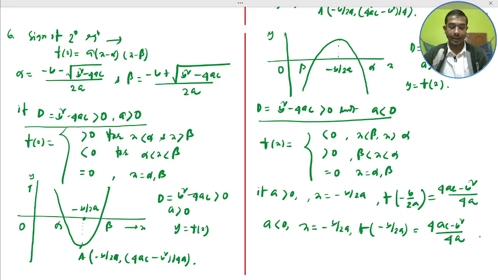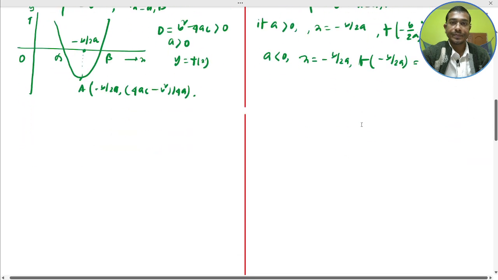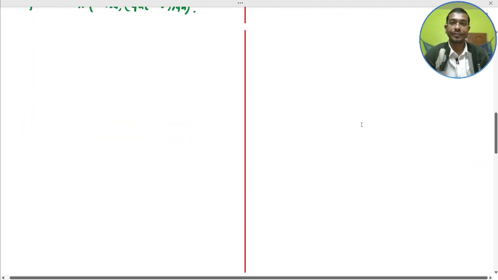So another one: the condition for both the roots to be more than a real number k. This is the geometrical representation of the quadratic equation. Condition for both the roots to be more than a real number k.